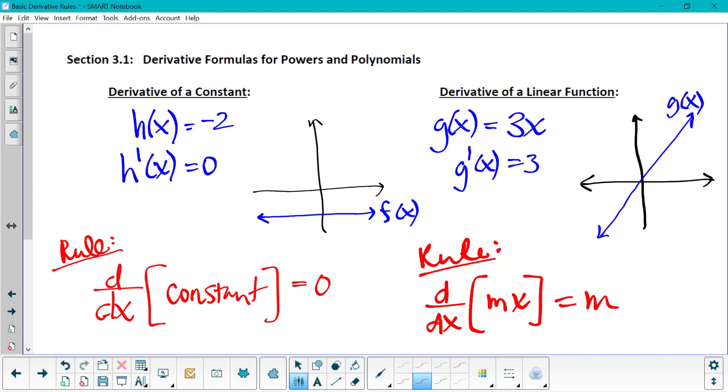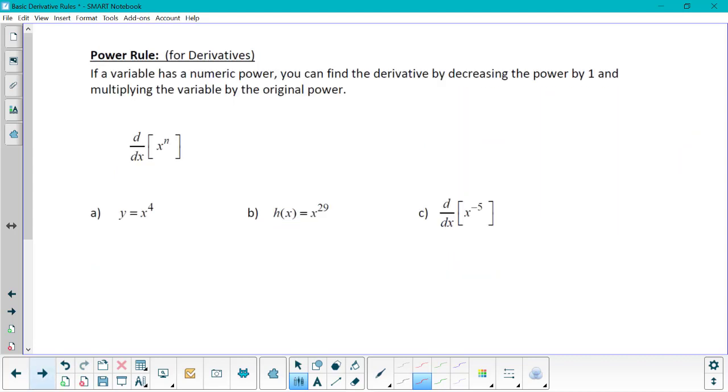Okay, so let's expand to one of our most popular rules, and it's called the power rule. So basically, if I have a variable, it does not always have to be x. We'll start switching the variable up in a little bit. If a variable has a numeric power, and that power can be any real number, it can be a whole number, an integer, a negative number, a rational number or a fraction, or a decimal, you can find the derivative by decreasing the power by 1 and multiplying the variable by the original power.